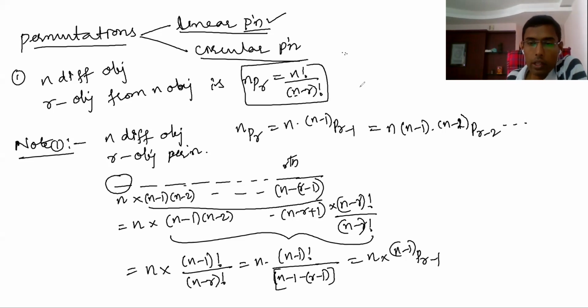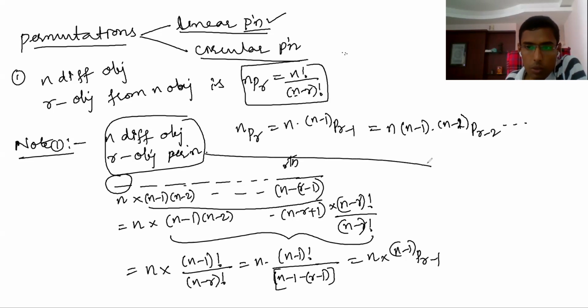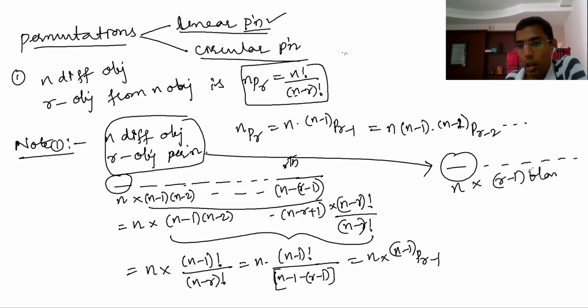And you can understand this very easily also. n different objects are given, and we want r-object permutations. The first blank you can fill in n ways, and the remaining r minus 1 blanks are to be filled with n minus 1 objects.